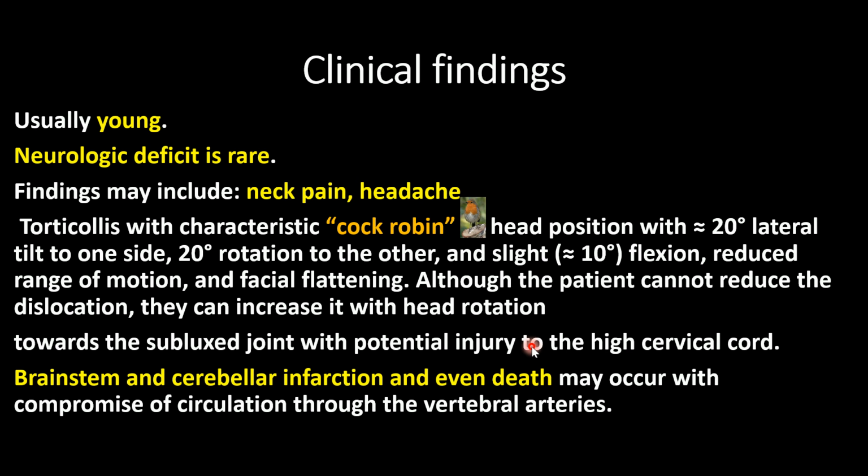Clinical findings. The most important is to remember the cock-robin bird. The patient is usually young, and neurologic deficit is rare. There is pain in the form of neck pain or headache.